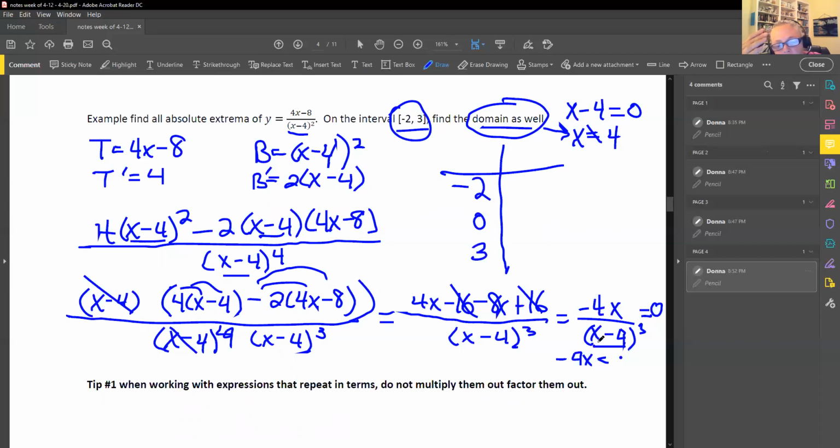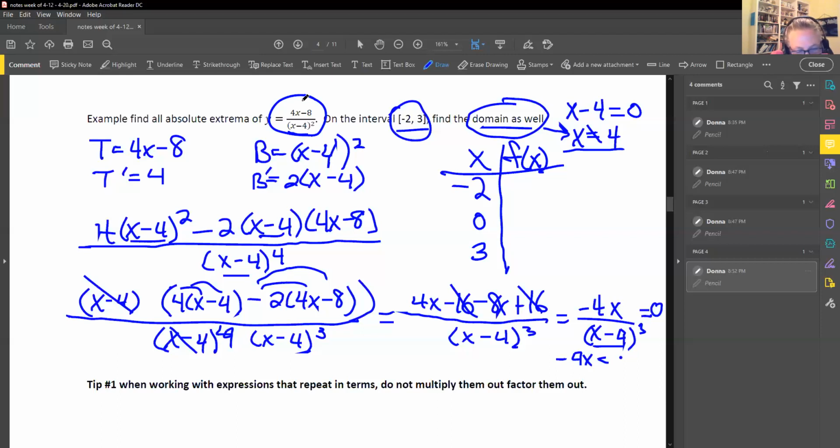Now, 4 is also a critical value because the derivative is undefined there, but we know that x can't be 4. 4 is not in the interval, so we're not interested in 4. So now it's easy. We're going to plug these values back into the original function, not the derivative, and pick the highest and the lowest.